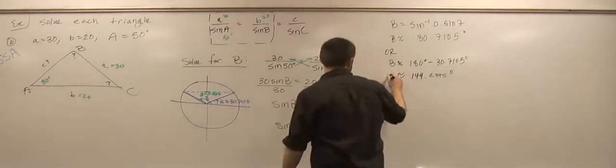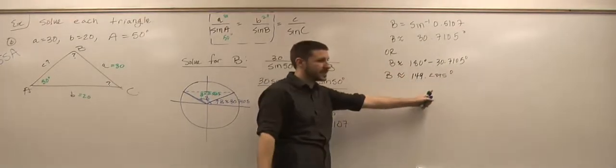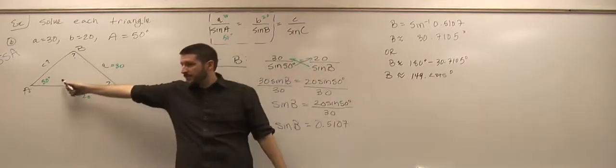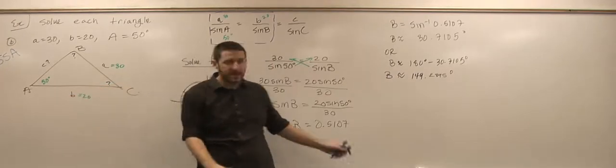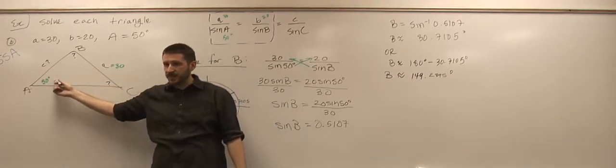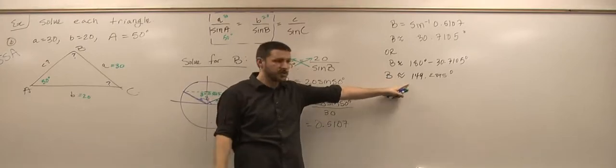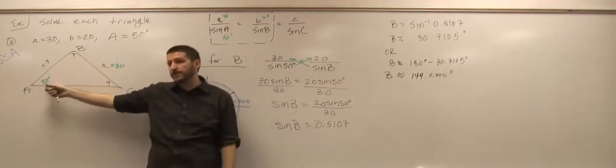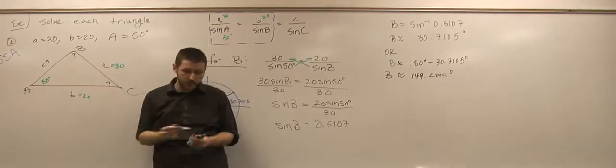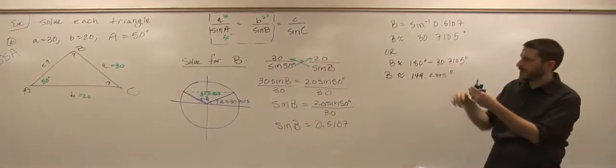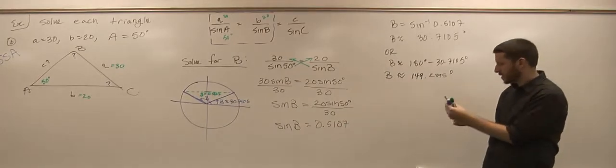Now, here's my question. Do I care about this angle? Why not? It's too big. Why? Because you already got 50 in there. If I didn't have 50 in there, if I had like 10 degrees in there, this would be fine. 149 would fit. But you can't fit 149 up here if you already have 50 down here. So this solution, even though it solves this equation, is not valid in our particular application.